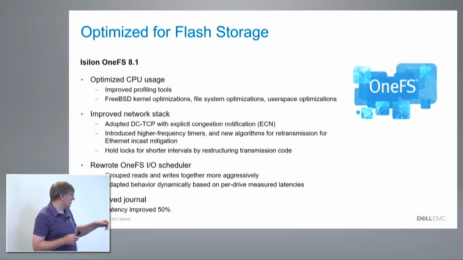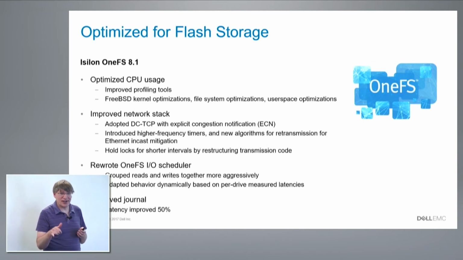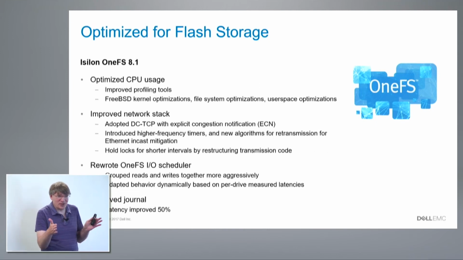So we changed the behavior of the I/O scheduler so that we measure those latencies for each I/O. When the latencies start getting high on a particular drive, we'll start backing off how much we're pushing to that drive. We can let more data build up in the journal for a while and then push it out. That reduces the load on the drive, and it more quickly gets the drive back into a state where it's servicing user I/O quickly.